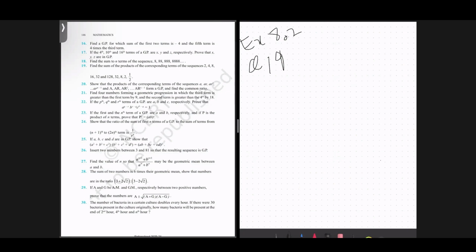So first of all, let me write down how the sum is going to look like, right? We have been asked to multiply corresponding terms.